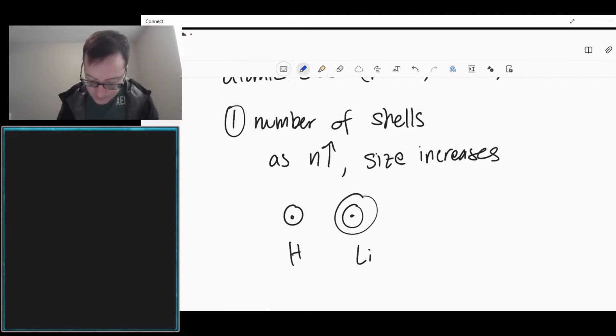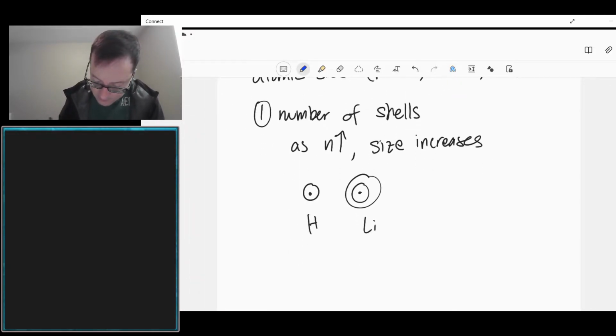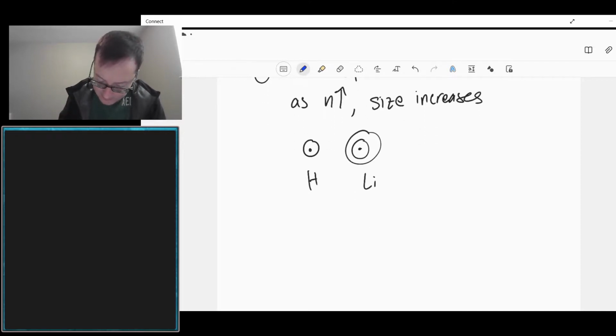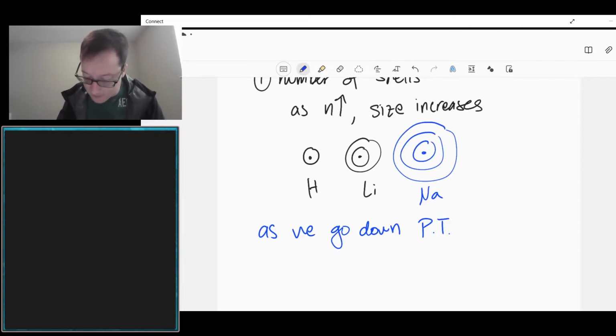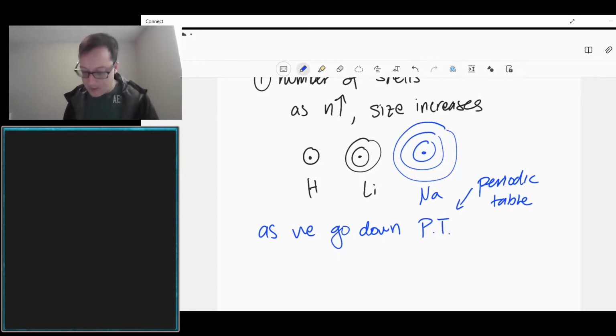So, this trend is pretty obvious. We're going to see, look, here's the sodium. As we go down the periodic table, our size increases.